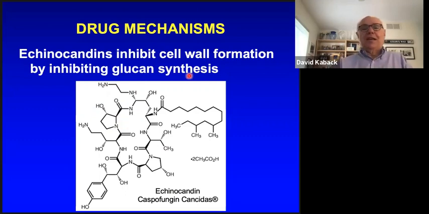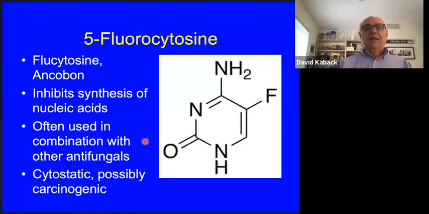So they're kind of like the penicillin against fungi because they inhibit cell wall synthesis, and with no cell wall, there's no ability to grow in low osmotic pressure. Fungi die.